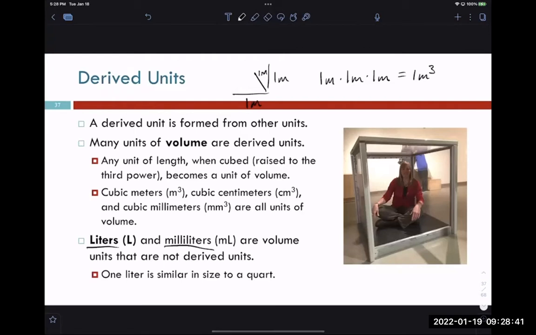Liters and milliliters are sort of a special shortcut that we have for describing the derived units of volume. And 1 milliliter, capital L, is the same as 1 centimeter cubed. Those are equivalent units. So they're not technically derived units, but they're equivalent too.